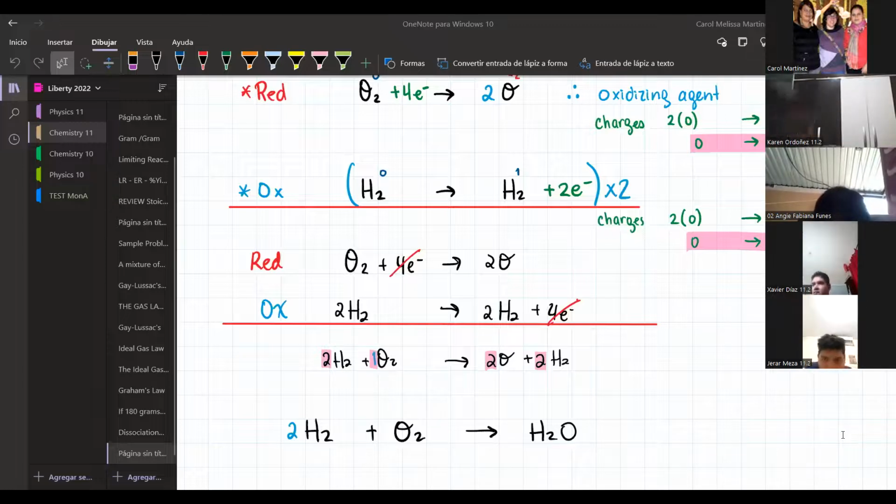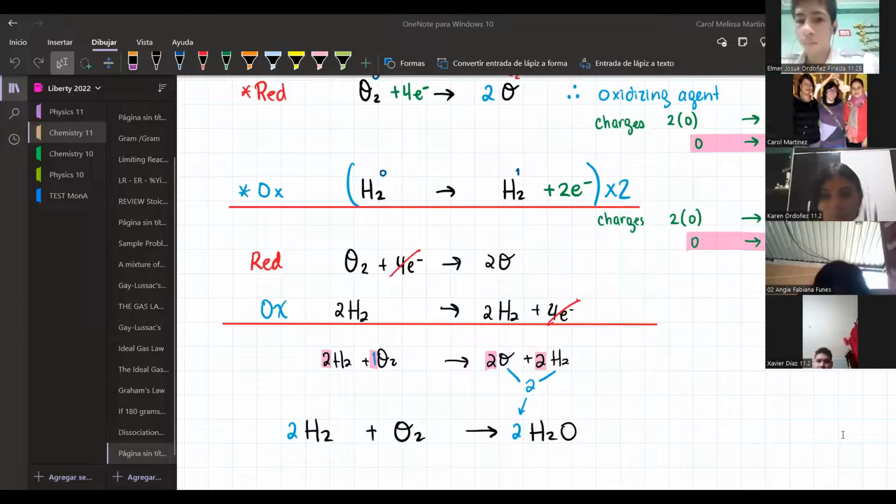And then it says that, respectively, both oxygen and hydrogen are going to have 2 as a coefficient. But because I have just one compound, I'm just going to put this 2 over here. The same 2 from here is this 2 that I put over here. And now I need to see if it's balanced. Sometimes it's going to be balanced, other times it's not. Elmer.